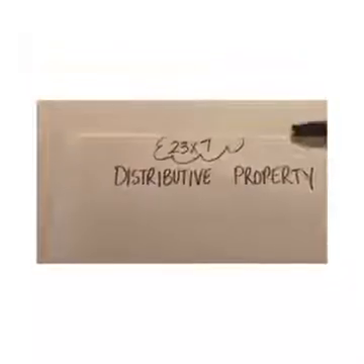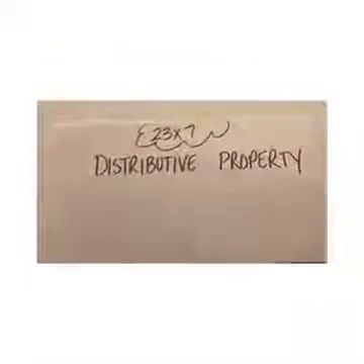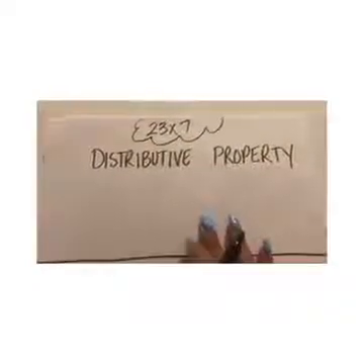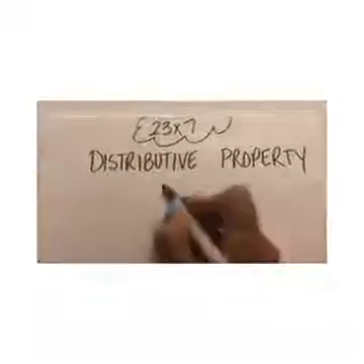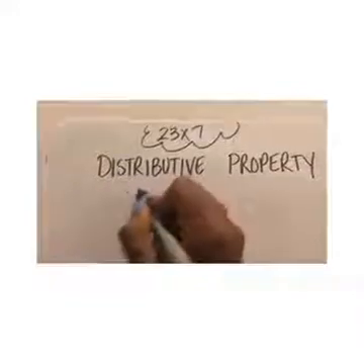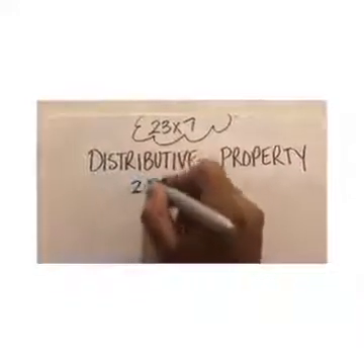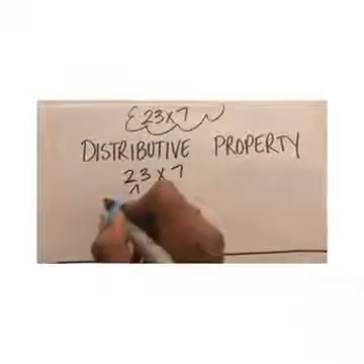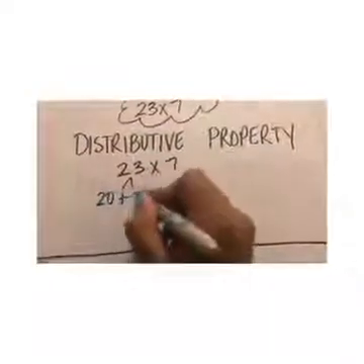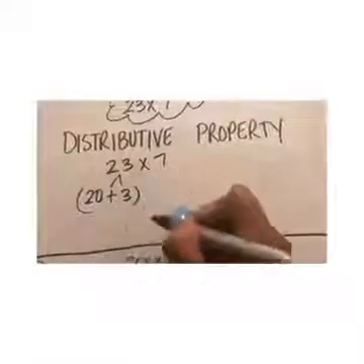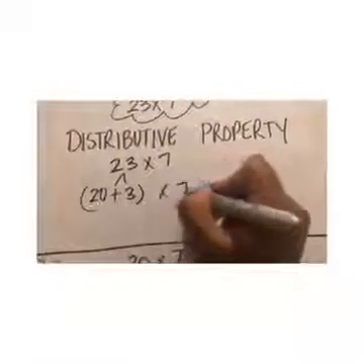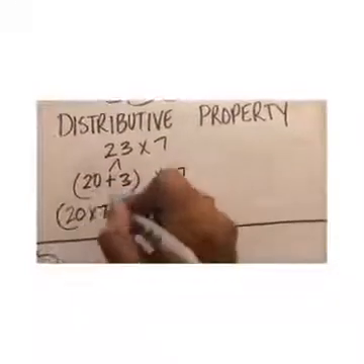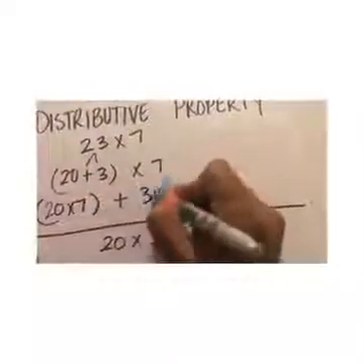Okay, so our next one is the distributive property. It's basically very similar to the open array, except you don't need a model this time. So if I have 23 times 7, I know that 23 is the same as 20 plus 3. So I'm going to do 20 plus 3 times 7. That means I can do 20 times 7 plus 3 times 7.